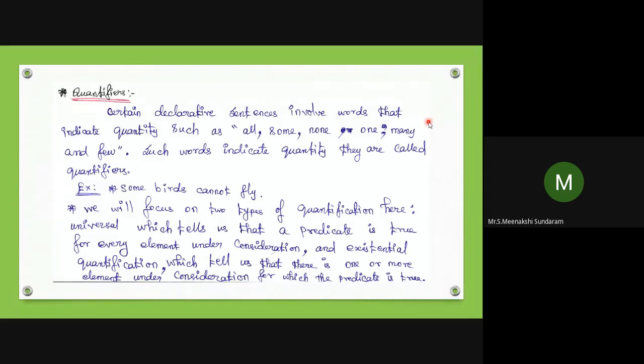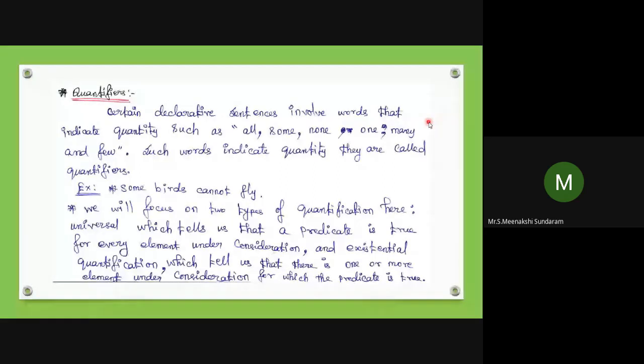Mostly we use two things, all and some: everyone and there exists anyone. These are the two things, universal and existential. Universal means all; existential means there is a specific student. These two quantifiers we can use here: for all and there exists.